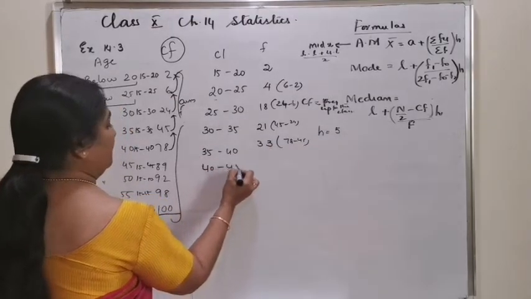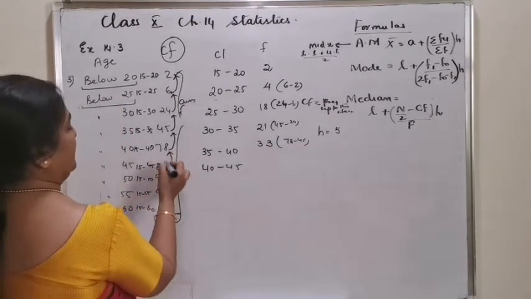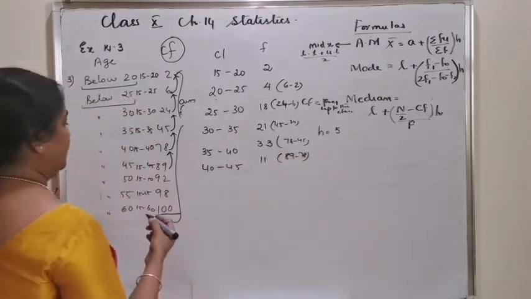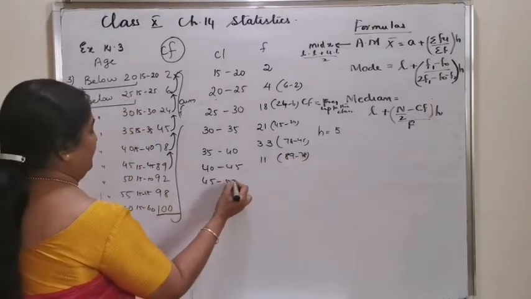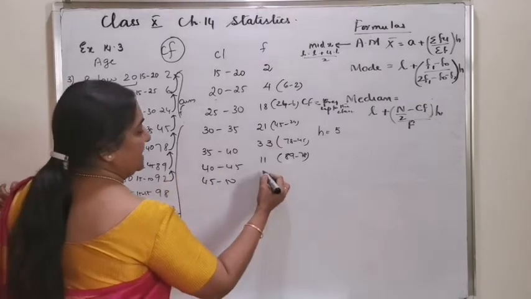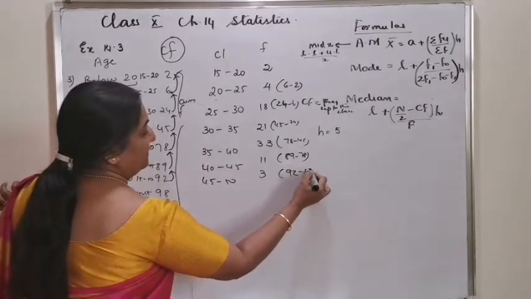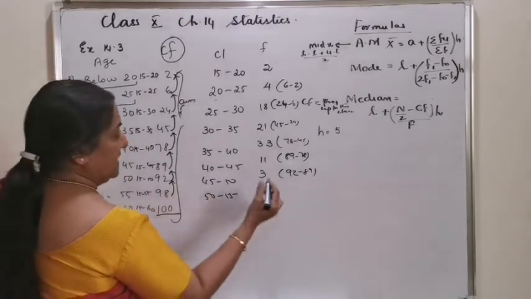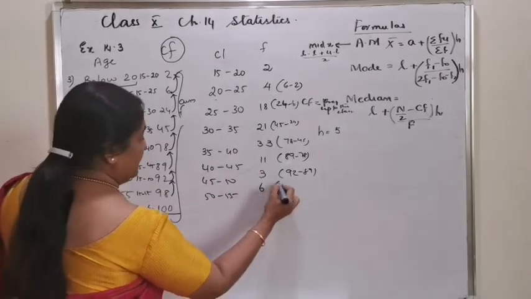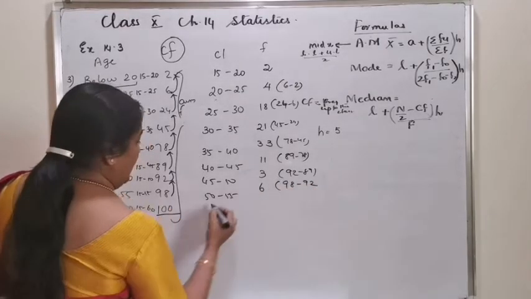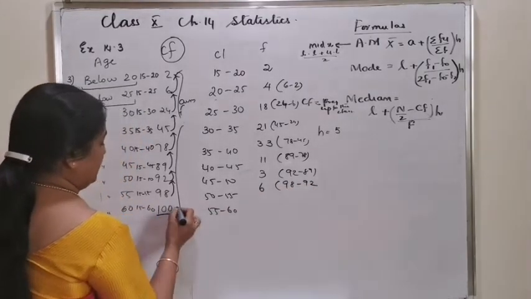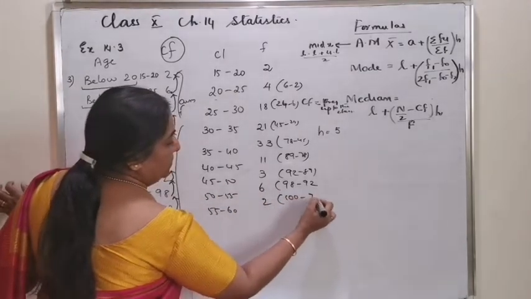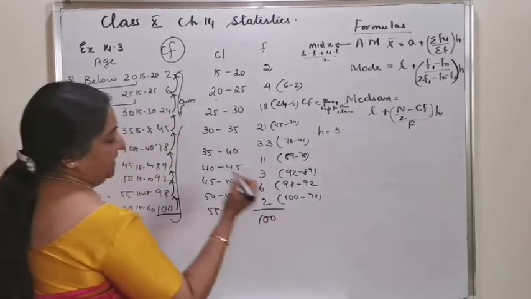Then 40 to 45 is 89 minus 78, which is 11. 45 to 50 is 92 minus 89, which is 3. And 50 to 55 is 98 minus 92, which is equal to 6. And 55 to 60 is 100 minus 98, which is equal to 2. And this will give you 100.